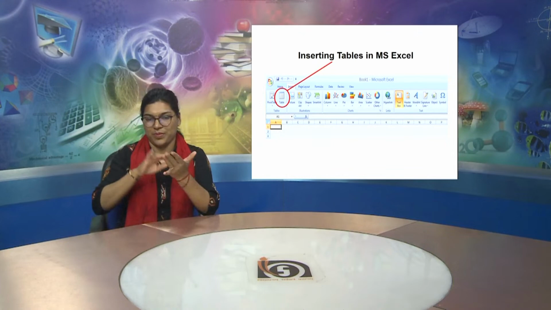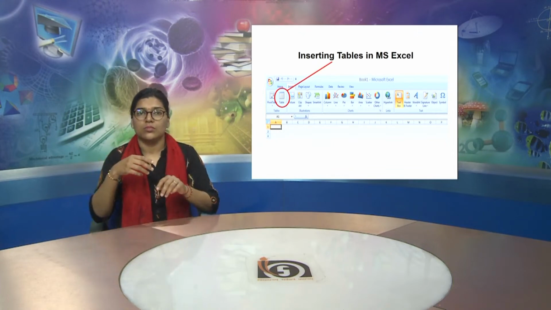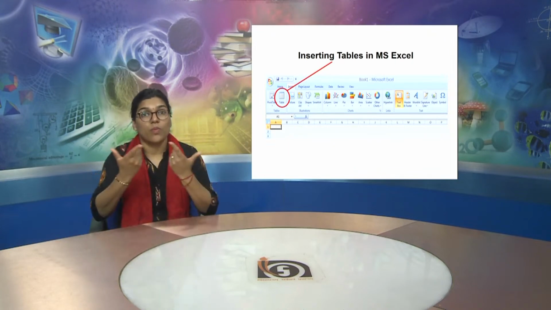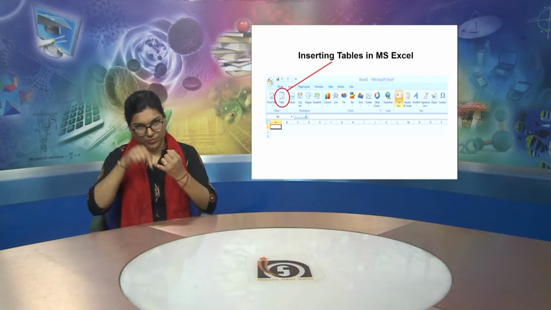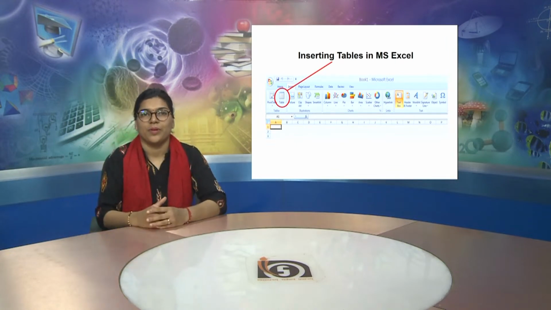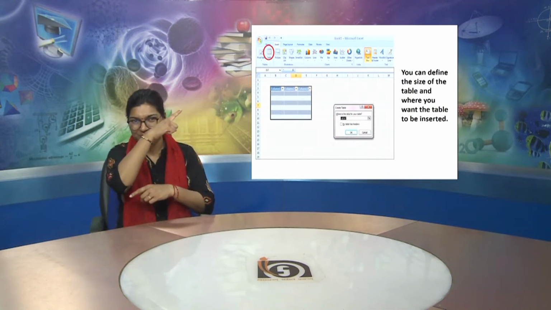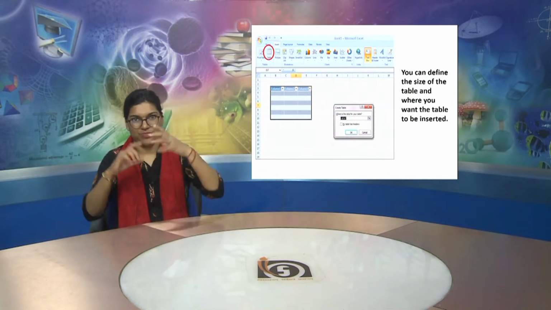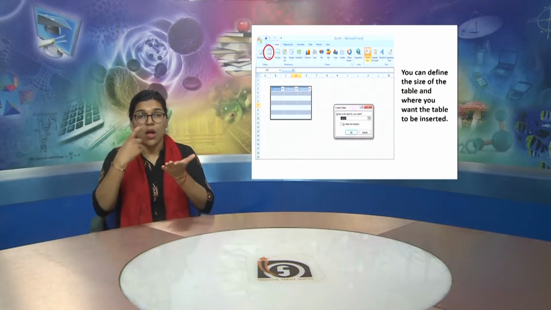Now you can see the screen. Here we can see the MS Excel sheet and how we can insert a table, that we will understand. So first of all, you see the red circle. When you click on that red circle, you will see the pop-up.